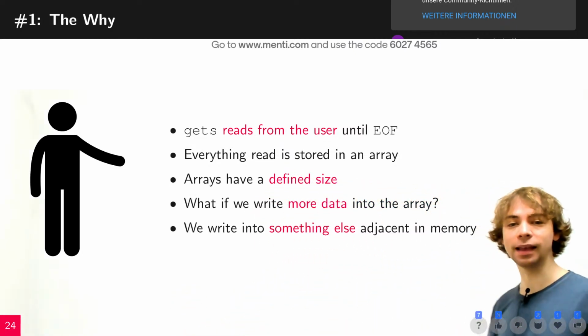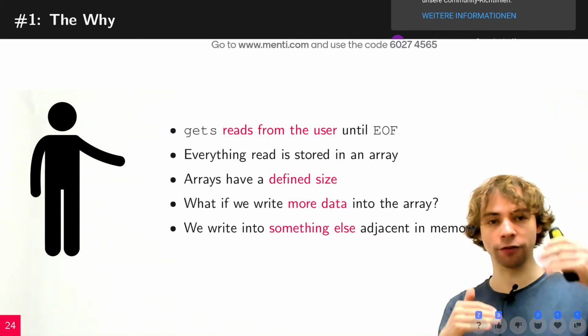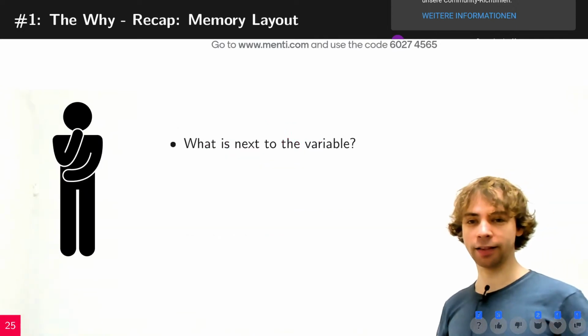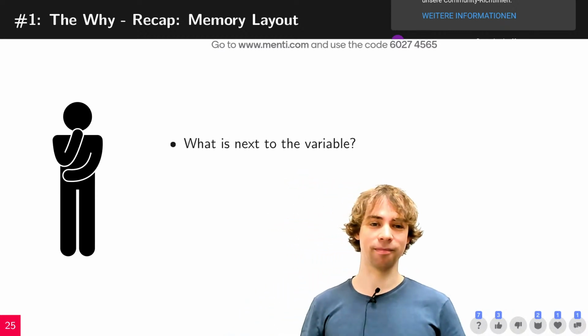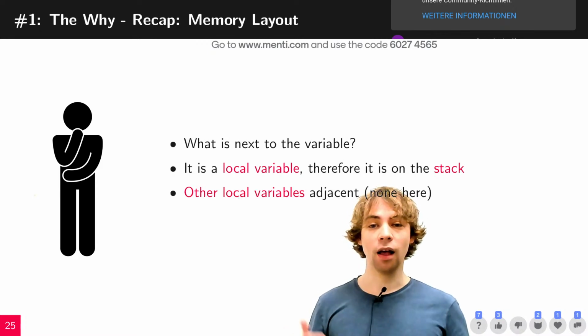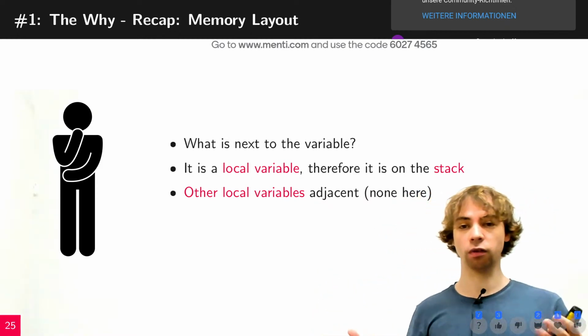We write something else into the memory that comes right after that. Let's think about it. What was next to the variable? It's a local variable, so it is on the stack. And on the stack you will find other local variables that are adjacent to this one.